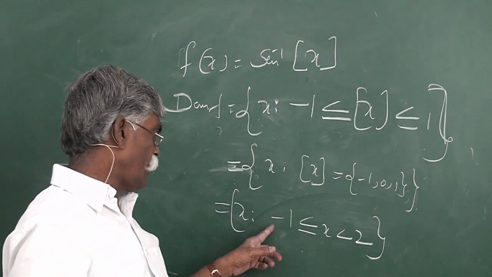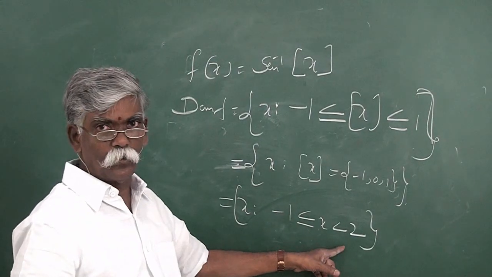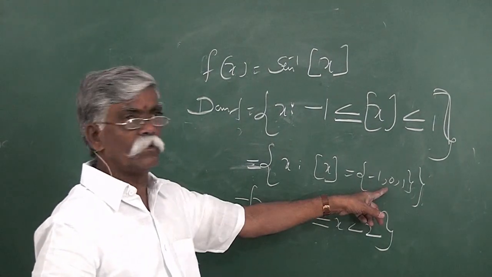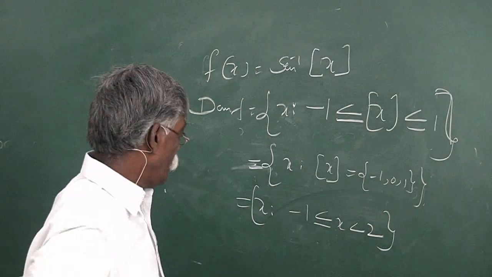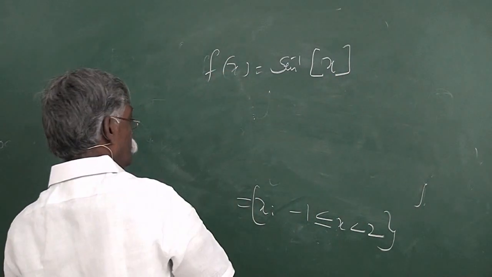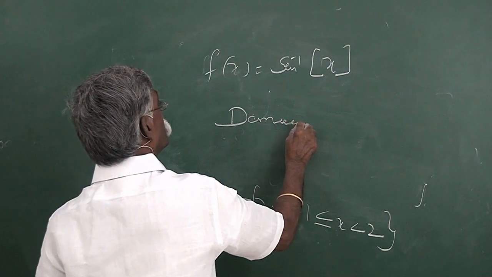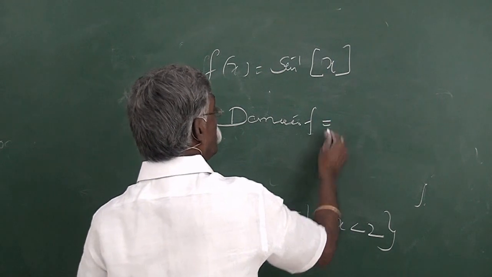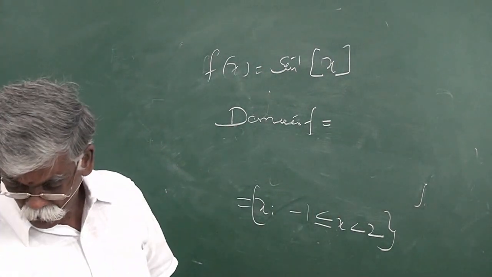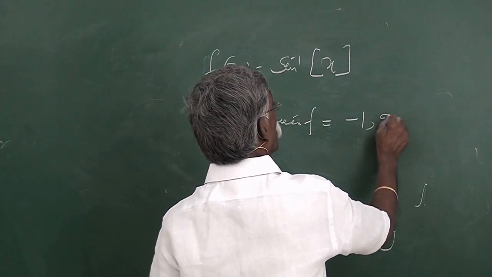That means we have to accept all the values between minus 1 and 2, where step x gives the integral values. Therefore, the domain of f is minus 1, 2.